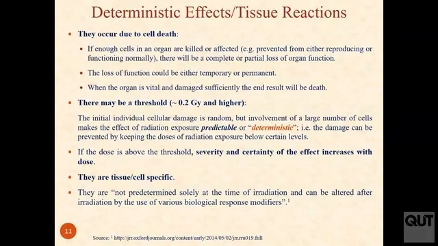So the initial individual cellular damage is random, but when you start to involve a large number of cells, if you kill off enough cells in an organ, the effect of the radiation becomes predictable, or deterministic. So the damage can be prevented by keeping the doses of radiation exposure below certain levels. The severity and certainty of the effect increases with dose, and they're tissue and cell specific.